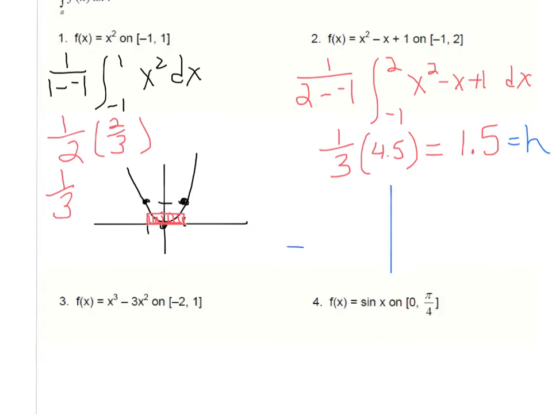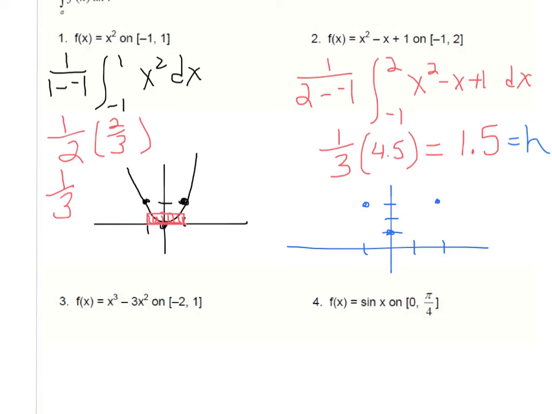So let's make a sketch. At -1, the graph has a value of 3. At 0, we're at 1. And then at 2, I think we're again at a height of 3.